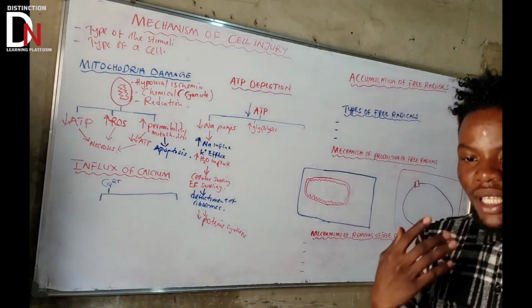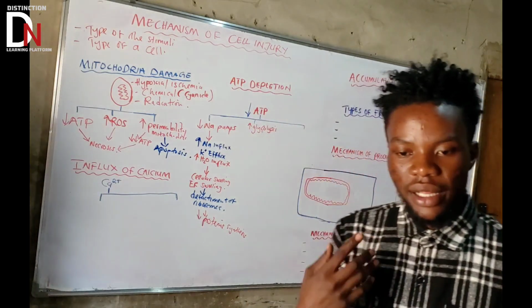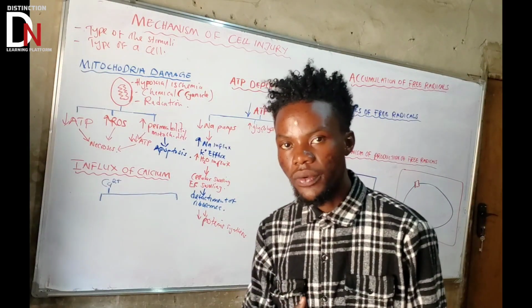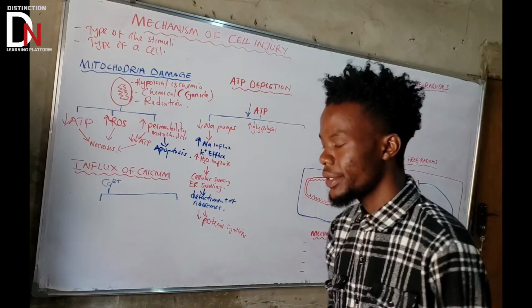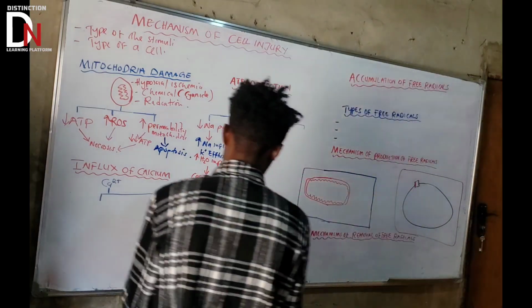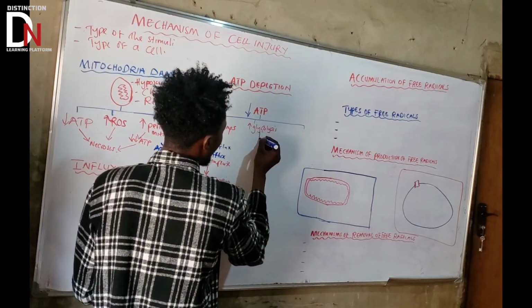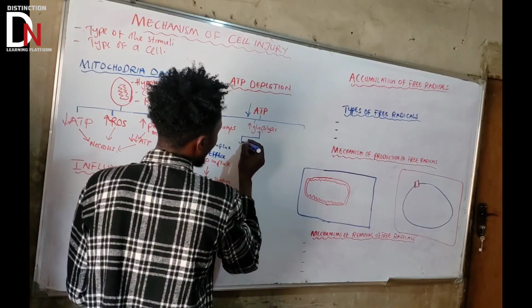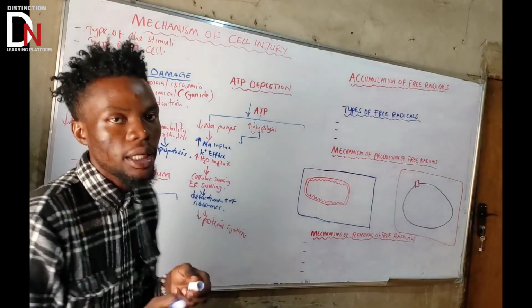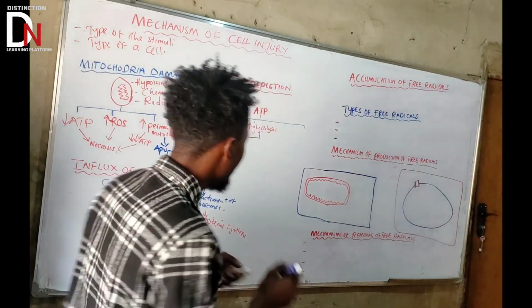Now, what are the consequences of increasing the glycolysis reaction rate? The first consequence is that it will start depleting the glycogen stores in the cell.